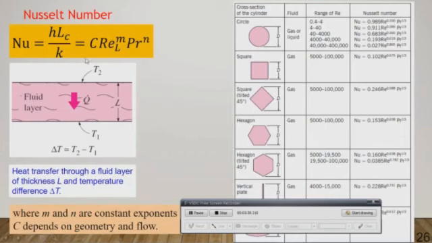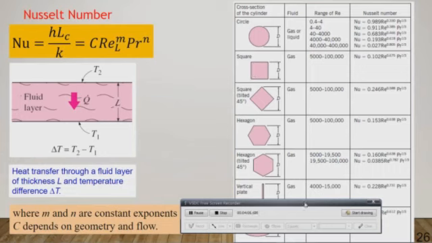The Nusselt number is given by the very general equation, which is h, the convection coefficient, times the characteristic length, divided by k, the conduction coefficient. This is also given by C, the coefficient based on the type of geometry, and then the Reynolds number to the power of m, and the Prandtl number to the power of n.